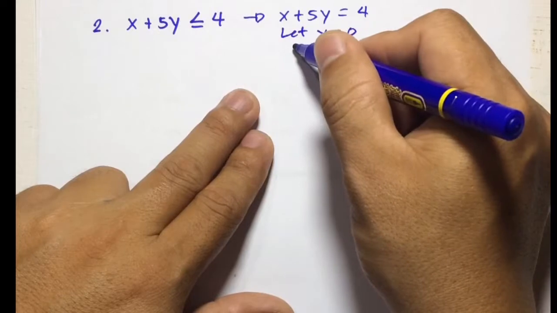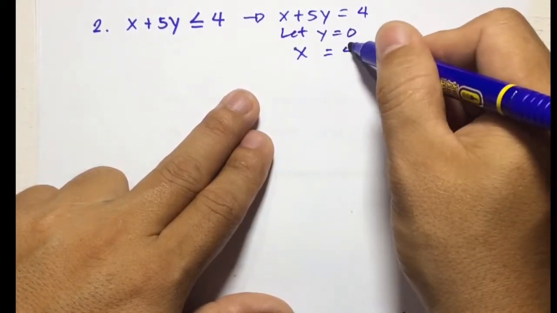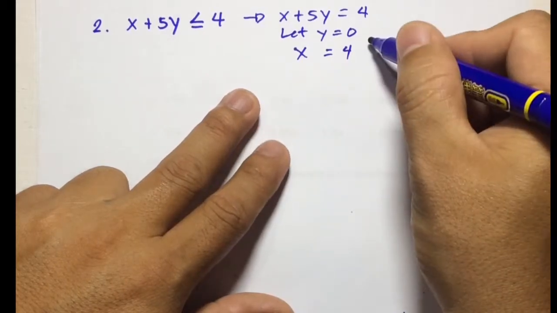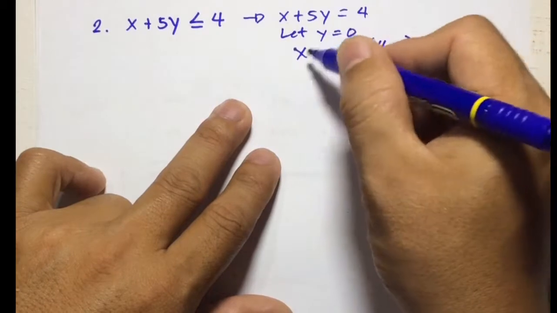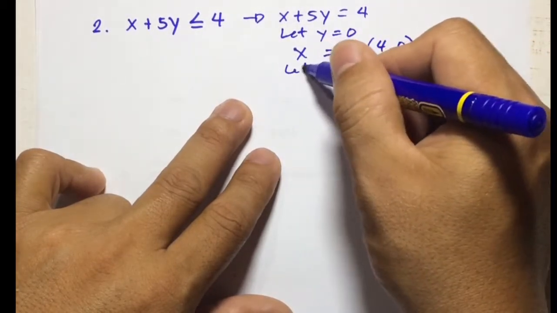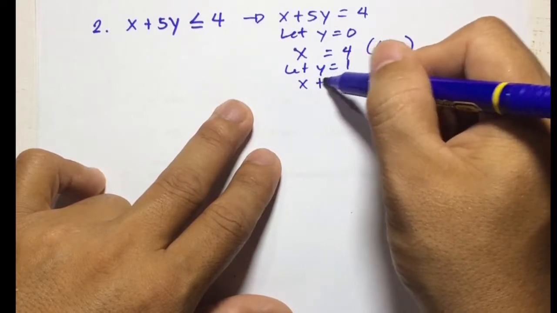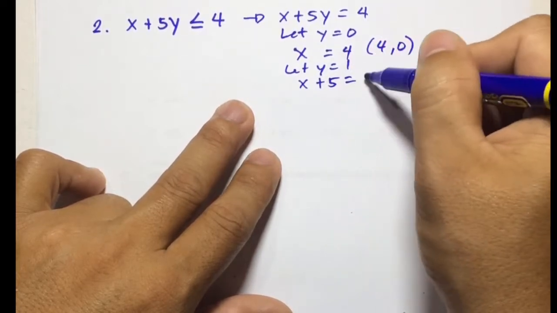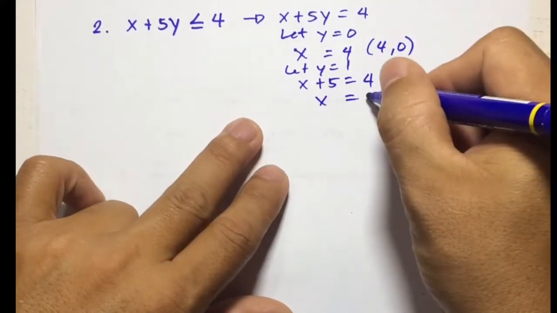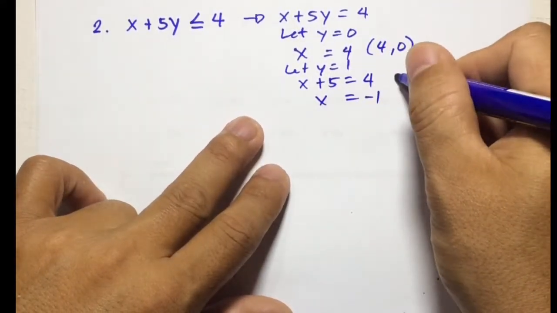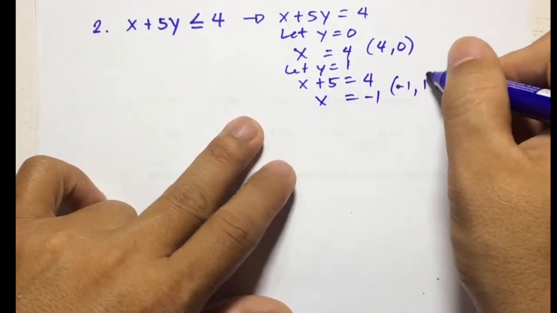If y is 0, then x plus 0 is equal to 4. So we have the point (4, 0). And if y is equal to 1, we have x plus 5 equals 4. Then x will be equal to 4 minus 5, which is negative 1. So the second point is (-1, 1).